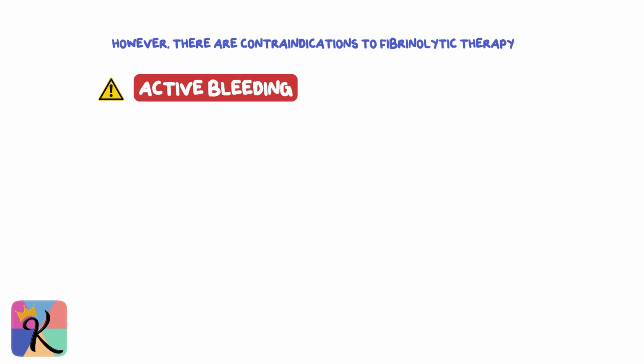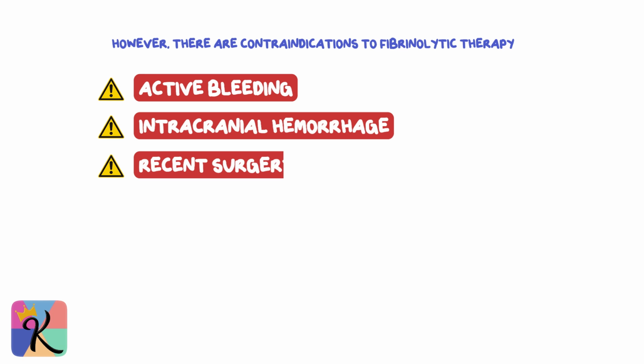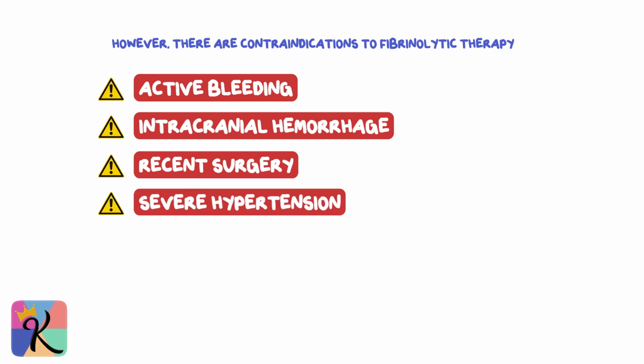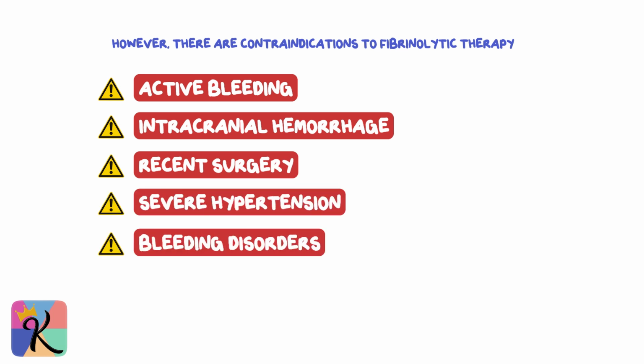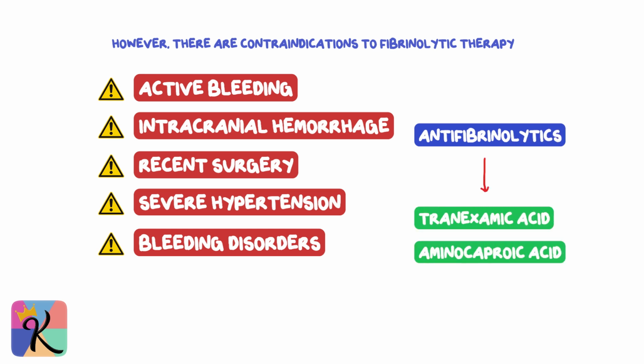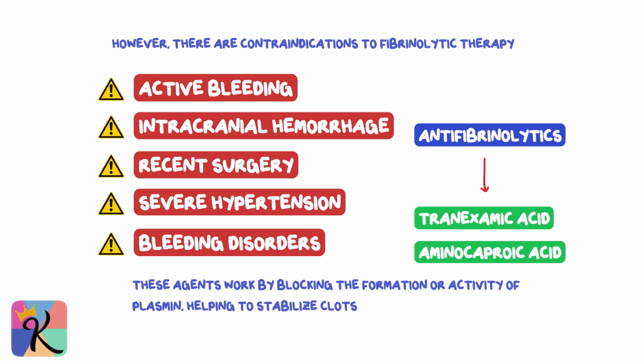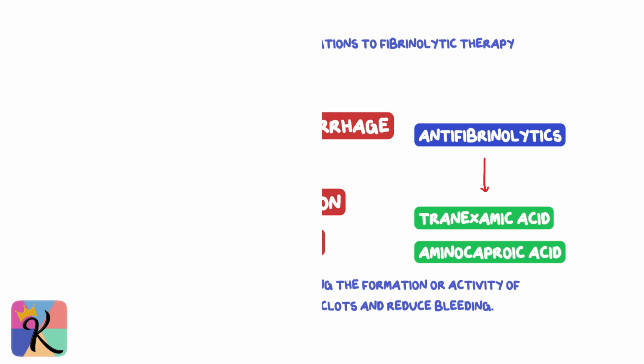However, there are contraindications to fibrinolytic therapy, including active bleeding, a history of intracranial hemorrhage, recent surgery, severe hypertension, and known bleeding disorders. In cases where fibrinolytic therapy leads to adverse effects like excessive bleeding, antifibrinolytics such as tranexamic acid and aminocaproic acid can be used to inhibit fibrinolysis. These agents work by blocking the formation or activity of plasmin, helping to stabilize clots and reduce bleeding.